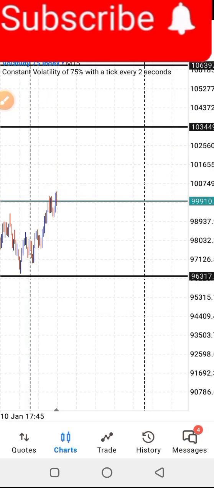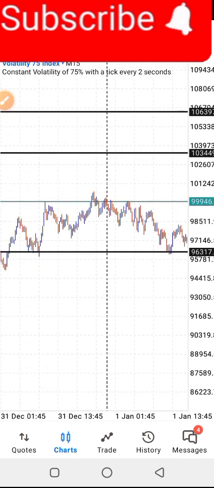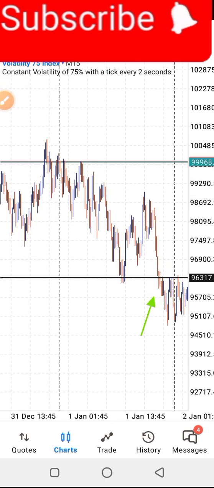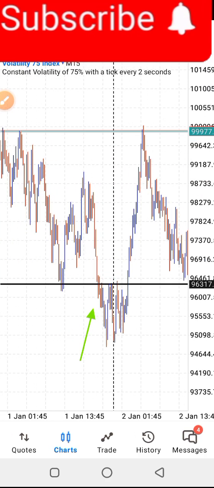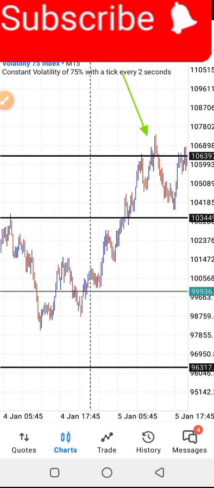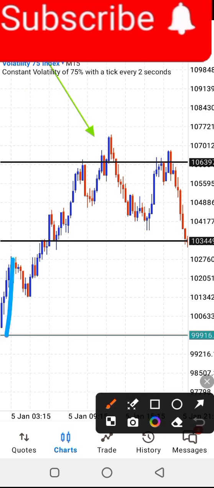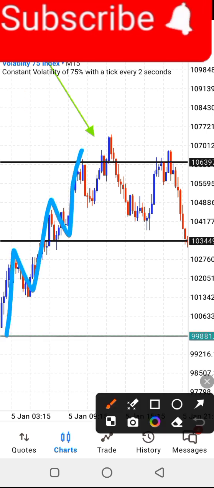Okay, so I have some examples already marked out. So look at this right here. This is a little bit advanced. Let me not show you that first. Let me go to one that is more direct. So look at this. Price was giving us higher highs and higher lows like this.